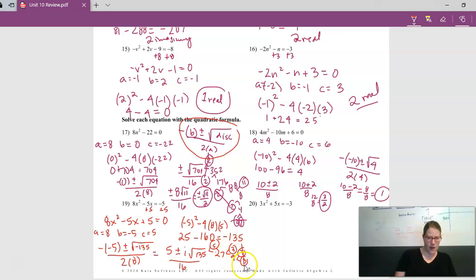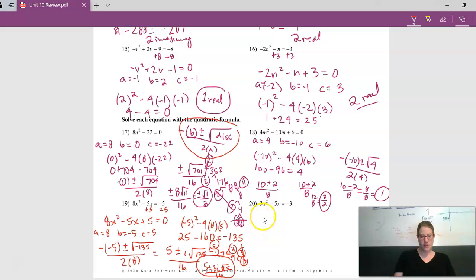So it looks like we can pull out a 3, which would give me 5 plus or minus 3i square roots of, what's still left under here? We got 3 times 5, so 15 over 16. And since 5, 3, and 16 have no common factors, we can't simplify that anymore. So that would just be our answer.